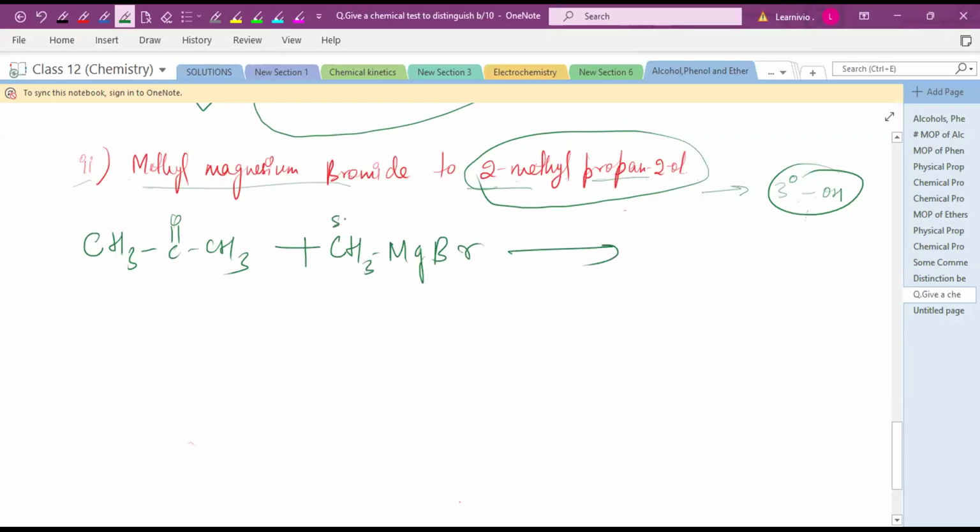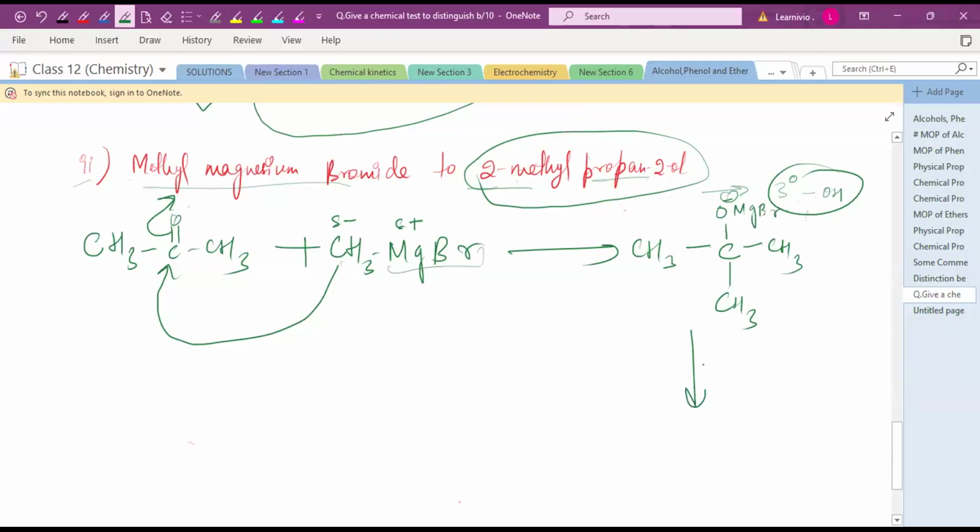This CH3 will get the partial negative charge and this magnesium bromide will get the partial positive charge. So this CH3 will attack over here and this bond will shift over here. CH3, C, oxygen negative charge, and this CH3 as it is. So this CH3 gets attached over here, and on the oxygen negative charge, this MgBr will get attached.